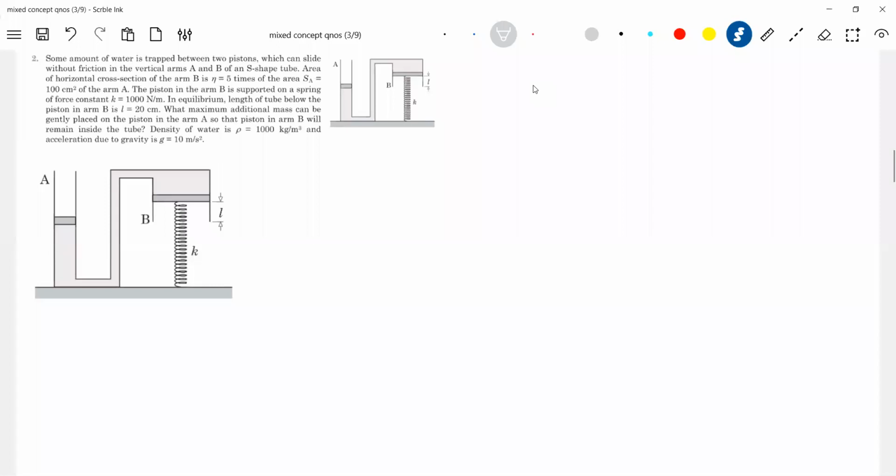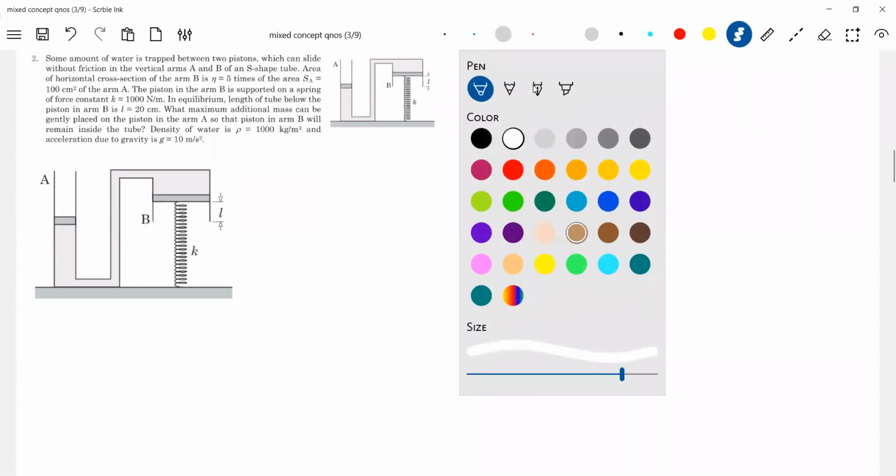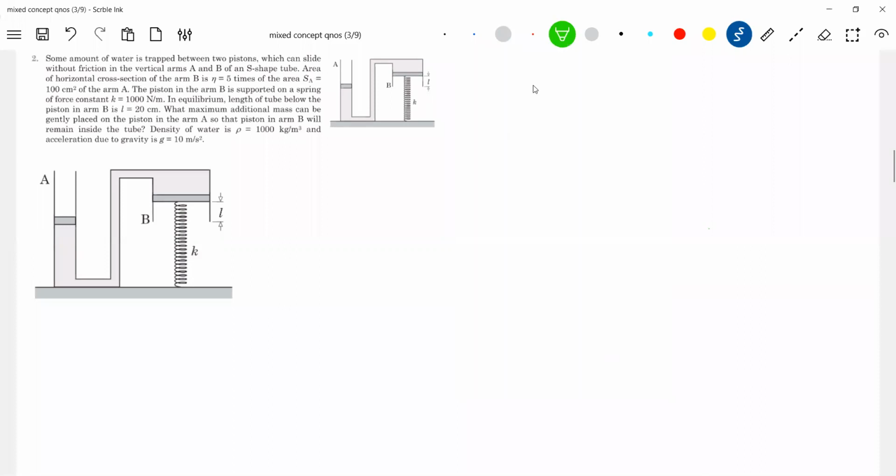I think I can construct another diagram in it. We'll see later on. Let me proceed here. So this will be H. Initially I'll make some assumptions because I have to write manometric equations. What is the state of the spring?